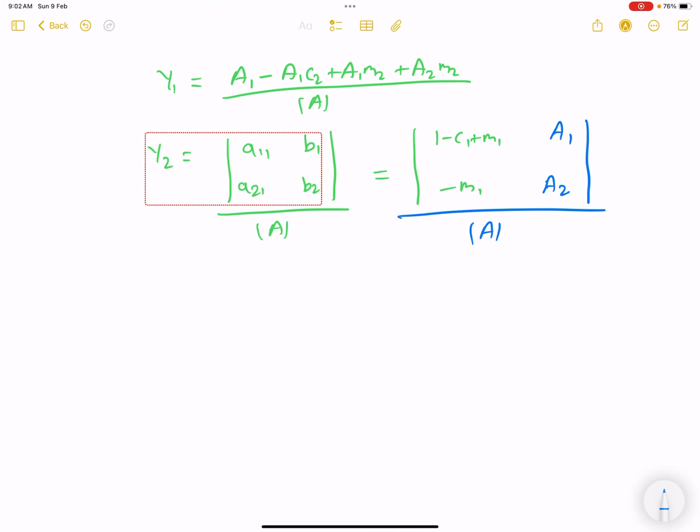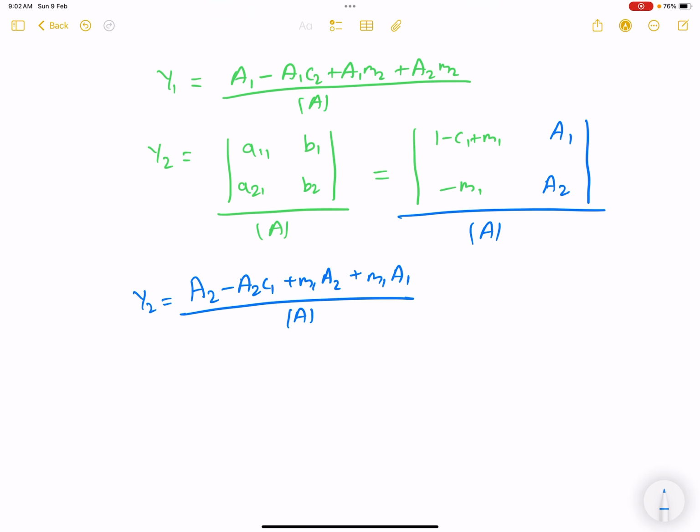We'll solve this. This is a2 minus a2 c1 plus m1 a2 minus of minus, so plus m1 a1, upon A determinant. So this is the value of y2 that we are getting.